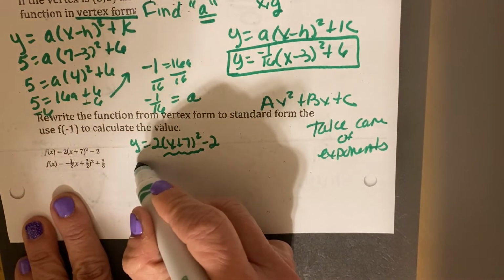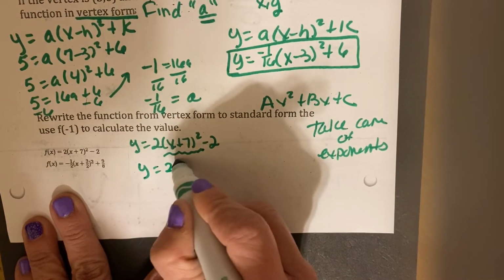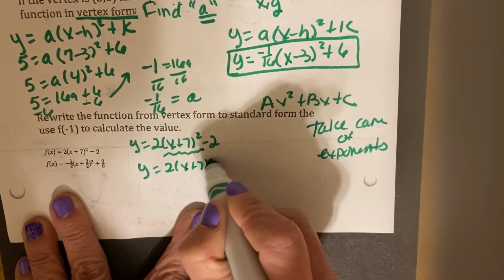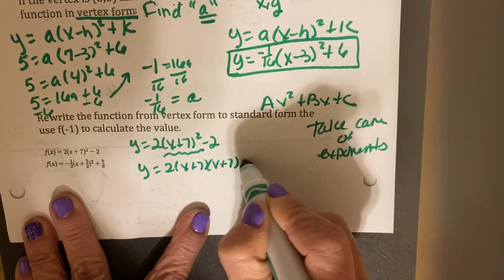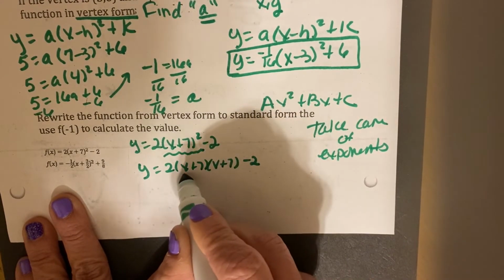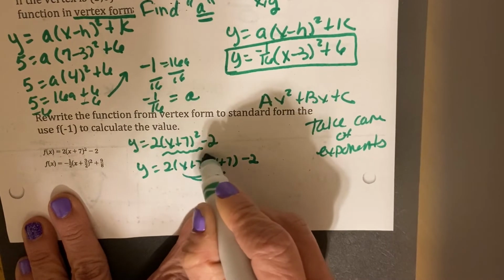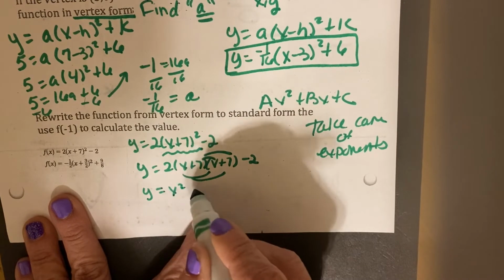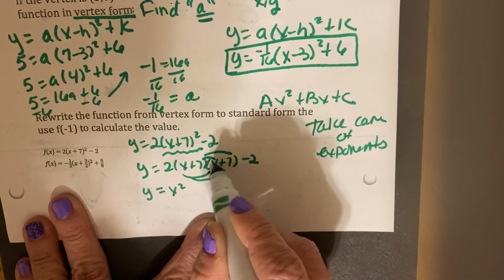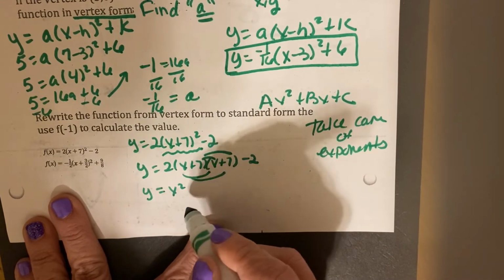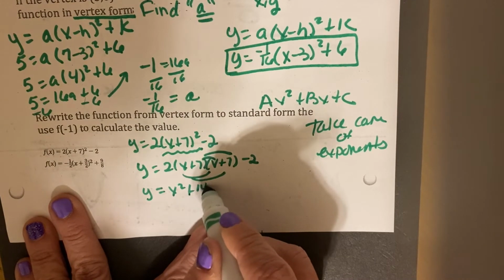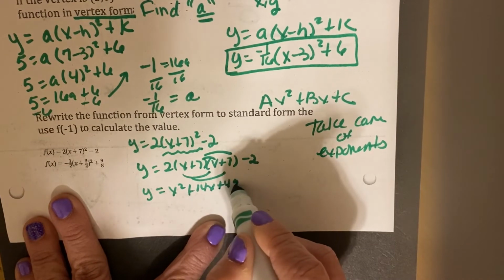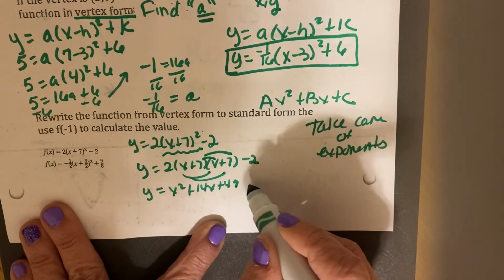And so that becomes y is equal to 2 times (x plus 7) times (x plus 7) minus 2. So we're going to FOIL that. And so we have x squared plus 7x plus 7x plus 49. So that becomes x squared plus 14x plus 49. And then bring down your minus 2.